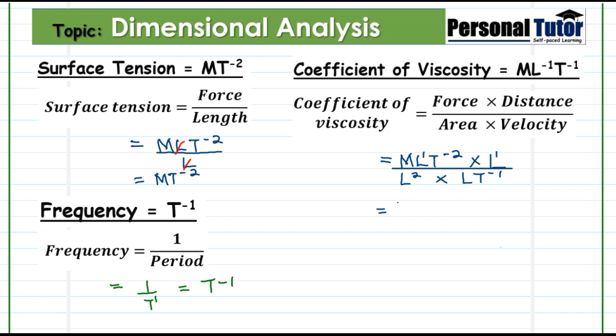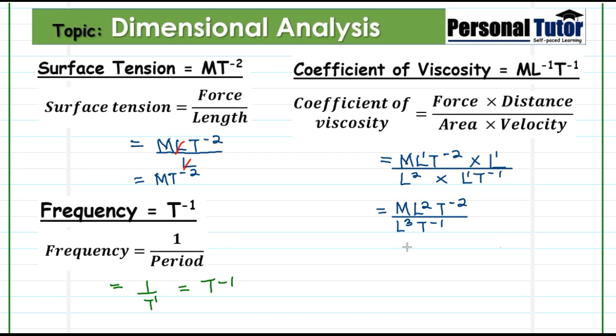When multiplied, you have M L exponent 2, then T exponent minus 2. Working on the denominator, there is an L with exponent 2, L with exponent 1, and that will be L exponent 3, then T exponent minus 1.